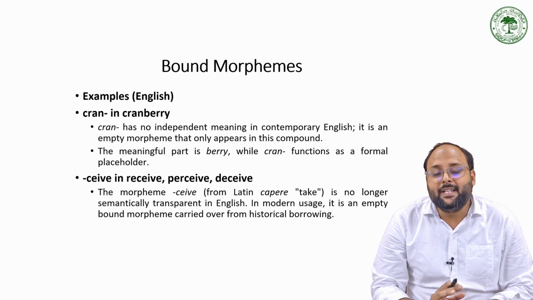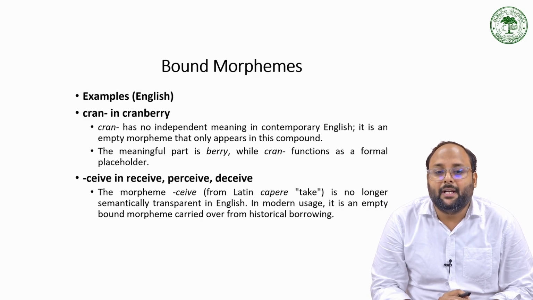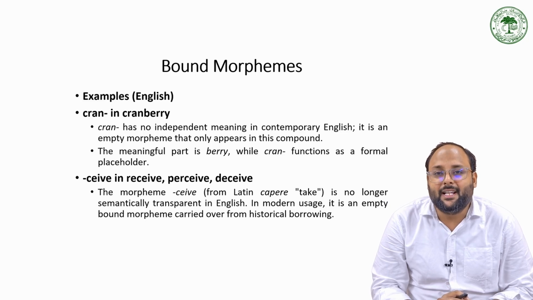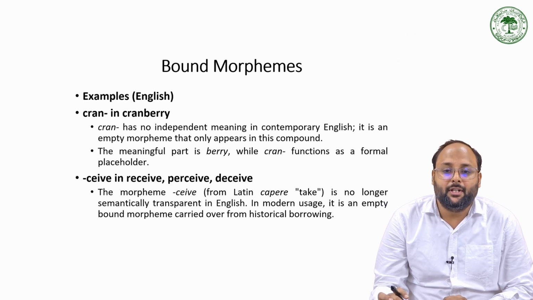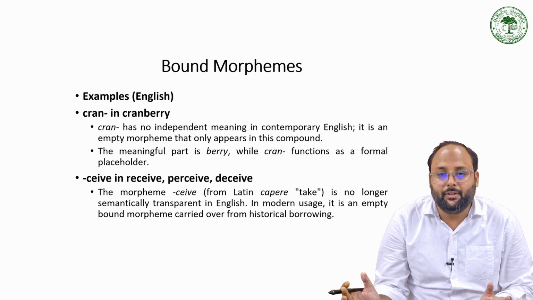Once it had meaning in Latin and was borrowed with the meaning take, but nowadays ceive is not used anywhere in the language to give the meaning of take. So now it can be considered an empty morpheme, because we are not getting any meaning from this part of the word ceive.